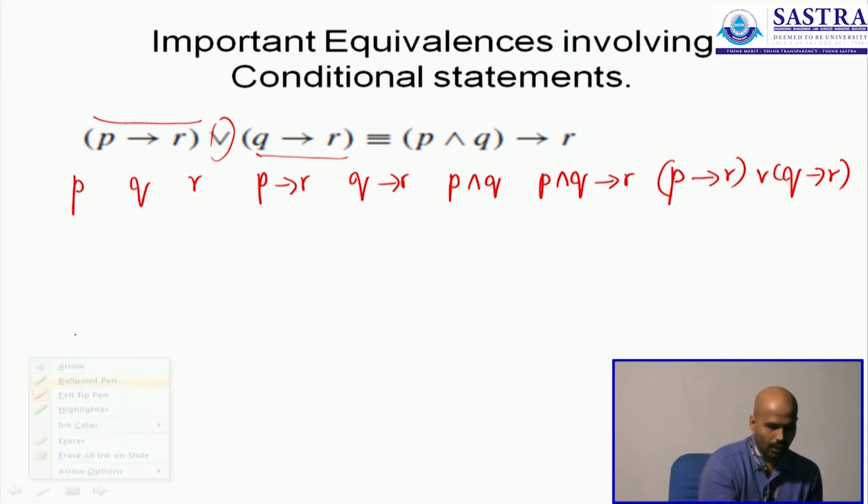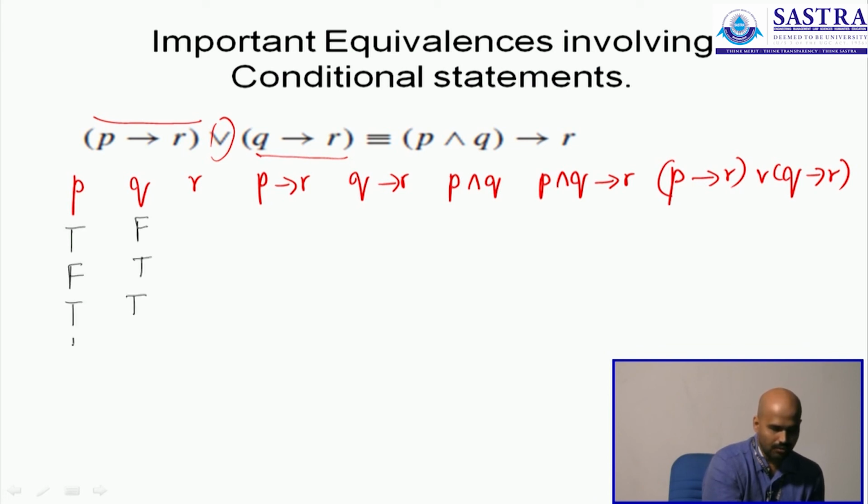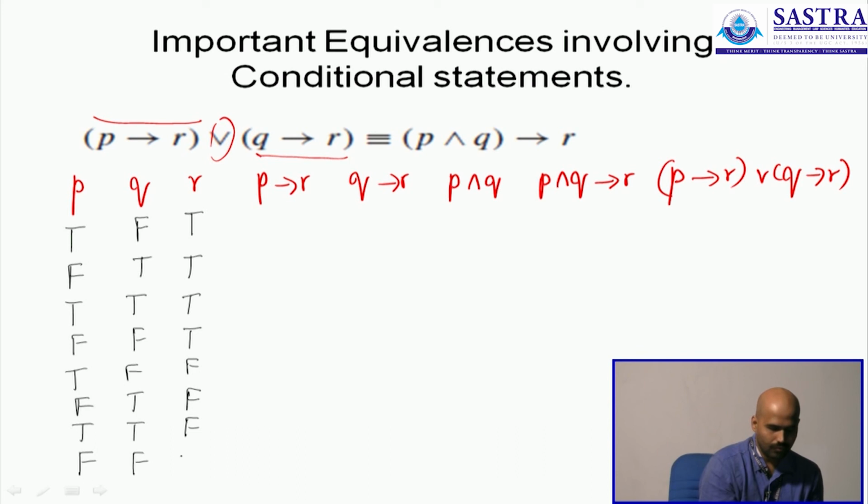We will have to write down 8 rows this time. So let us recall once again how to write them down. We will proceed as if we are doing only 4 rows and copy the same for different values of R. Now conditional from P to R. Listen very carefully.